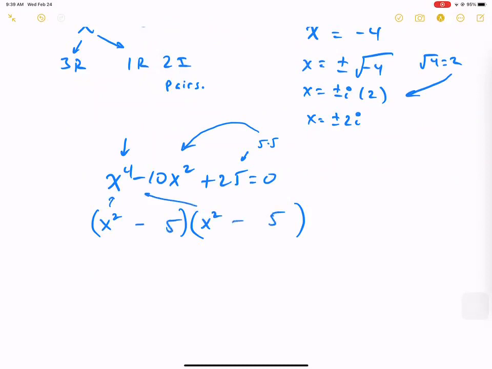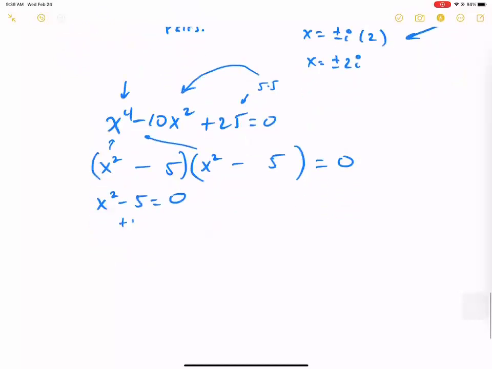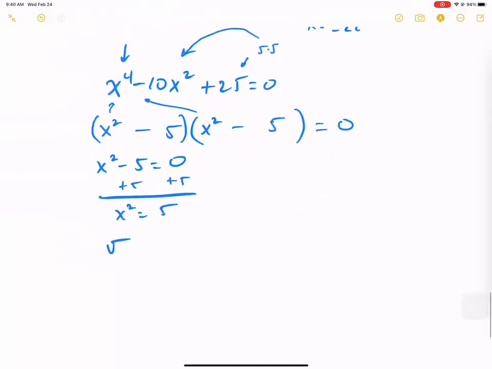And we'll write this minus sign in between, because a negative 5 times negative 5 is a positive 25. We can solve these separately, but since they look like twins anyways, we'll do it once. x squared minus 5 is equal to 0, so x squared is equal to 5. Then we take the square root of both sides. The square root of x squared equals the square root of 5, plus and minus. x equals plus and minus square root of 5.